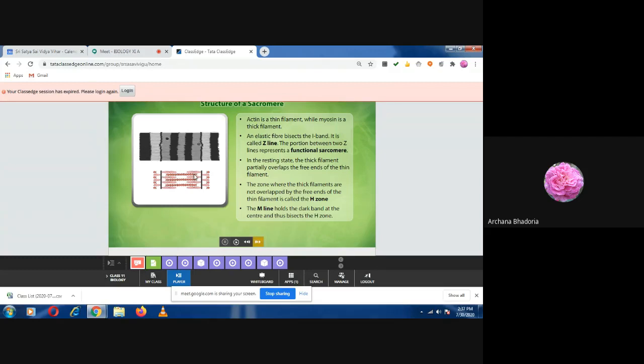There is no contraction of the dark band. Only which bands are moving? Light band. Light band means this thin filament will slide over the thick filament and that will contract. इसीलिए अपन उस पोर्शन को बोल रहे हैं functional sarcomere. Understood, everyone?